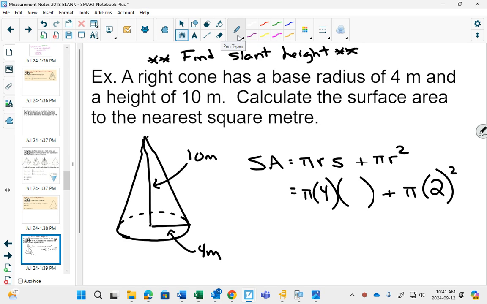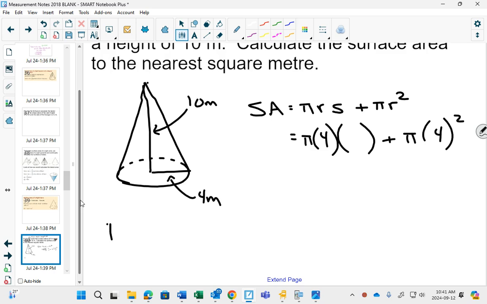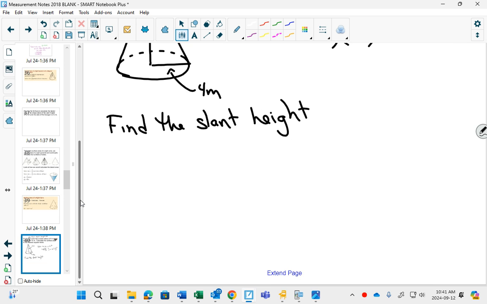So I could plug in, oops, radius is 4. So I need to find, and how do I find the slant height? Well, I made a nice triangle here where I know this is 10, this is 4. Call that x.